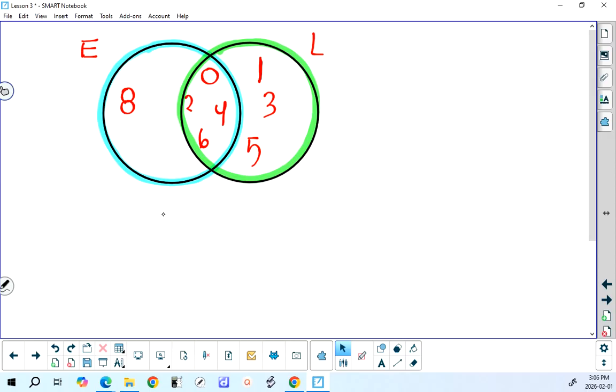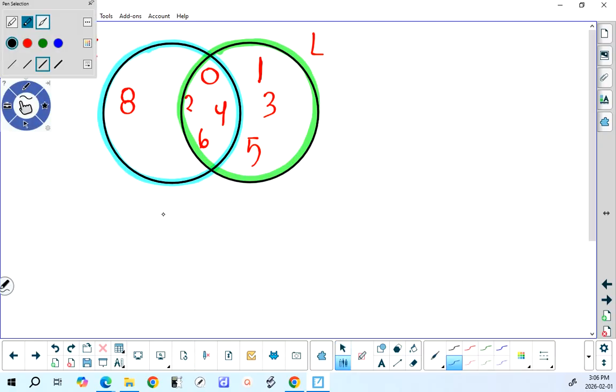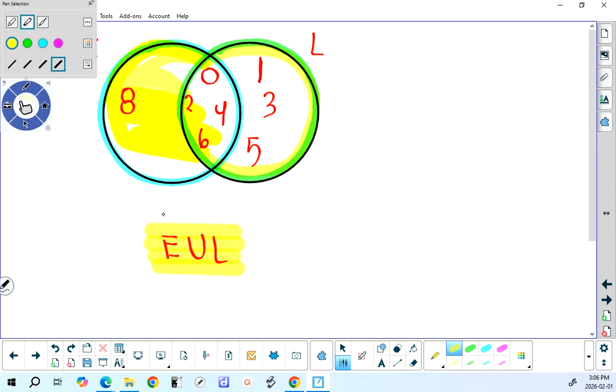So this diagram still tells us how these sets connect to each other. If I want to represent visually the union of E and L, it's this. It's everything.